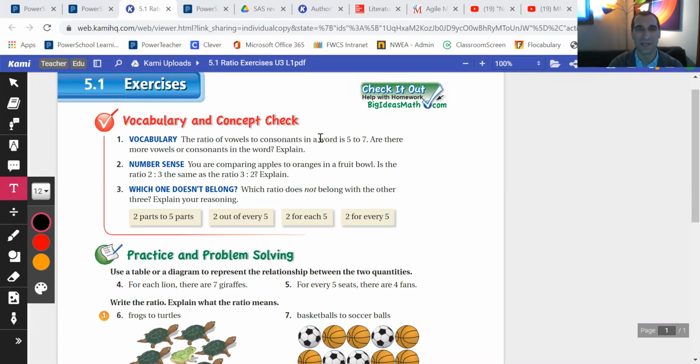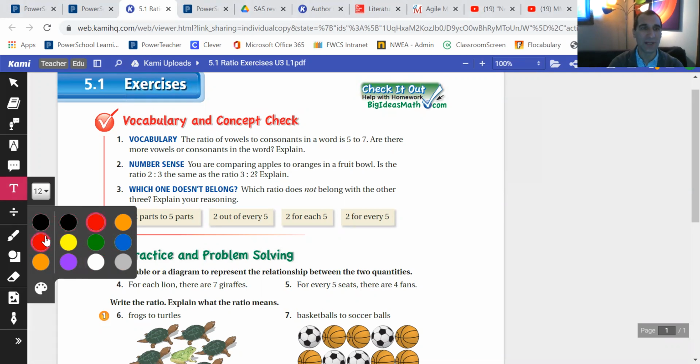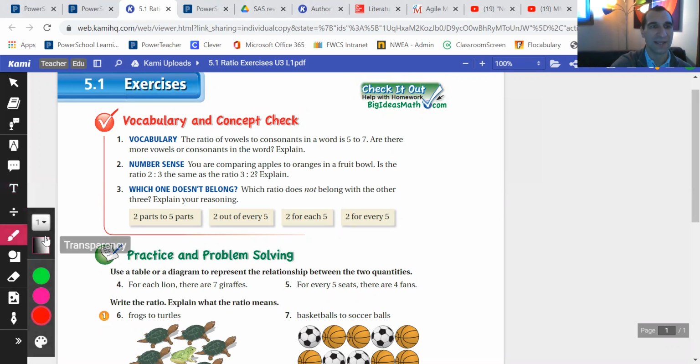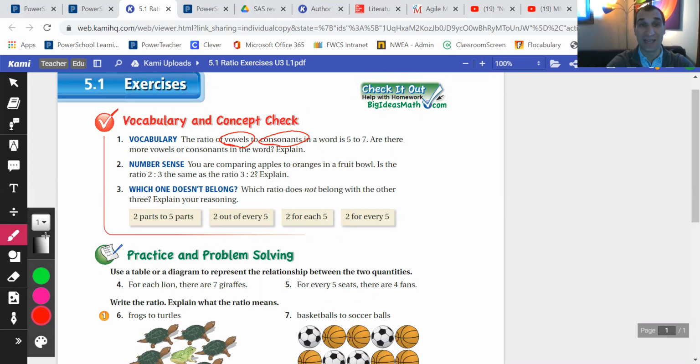The ratio of vowels to consonants in a word is 5:7. Are there more vowels or consonants in the word? If the ratio is 5:7, and it says vowels to consonants, that means the order matters. So if we wrote this as a ratio, it would be vowels colon consonants, or vowels to consonants.